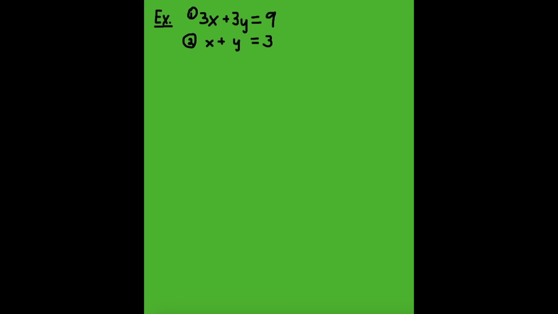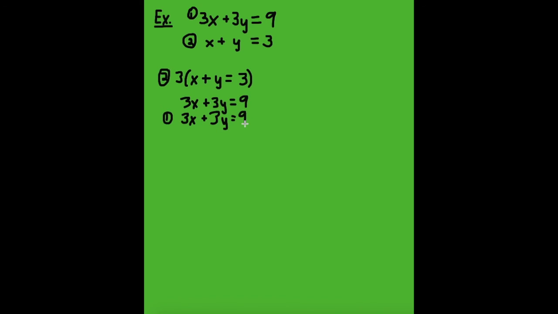Since we canceled the x terms in the last problem, let's cancel the y terms in this problem. In order for the y terms to cancel, we have to multiply the second equation by 3. We then get 3x plus 3y equals 9. And we have the first equation, which is 3x plus 3y equals 9.